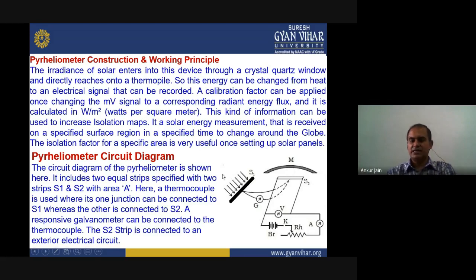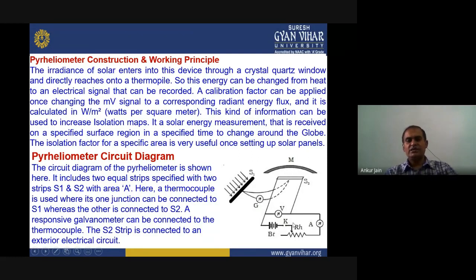Here is the circuit diagram of this pyrheliometer. The circuit diagram is very simple. Here it includes two equal strips, S1 and S2. The area of these strips is A. Here we use a thermocouple, where one junction of that thermocouple is connected to S1 and the other is connected to S2.